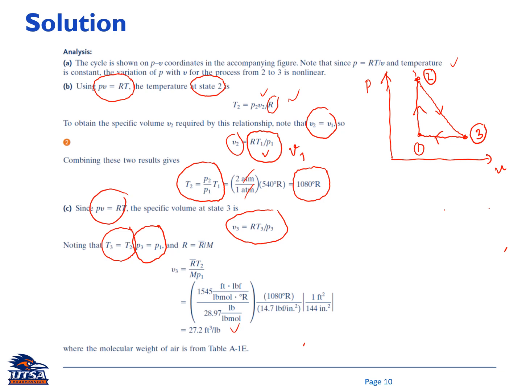Okay, so in here we have R bar 1545. The unit is foot pound force per pound mole degree Rankine, and then this M, 28.97, is the molecular weight of air in British units.